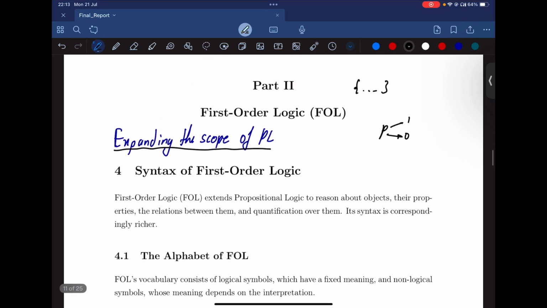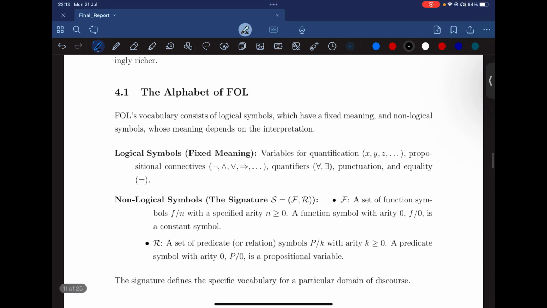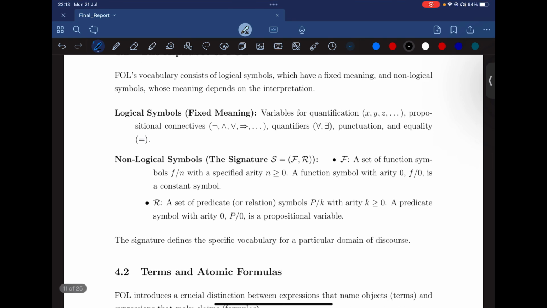Now, first order logic is an expansion of propositional logic. If we take a first order logic system, then propositional logic follows as a subset of this system. The way we represent first order logic, there are logical symbols, which are the same as in propositional logic: and, or, negation, implies.